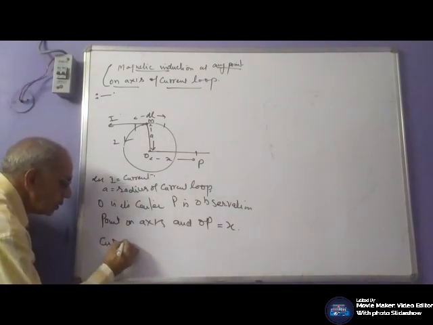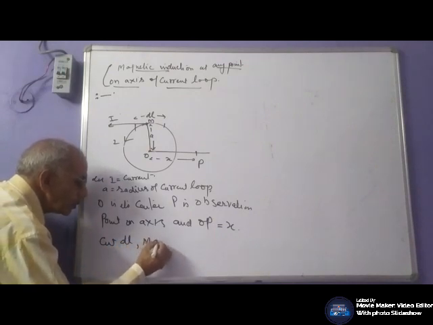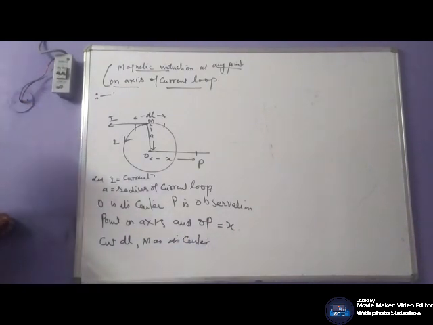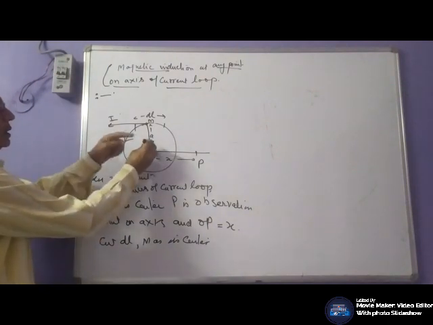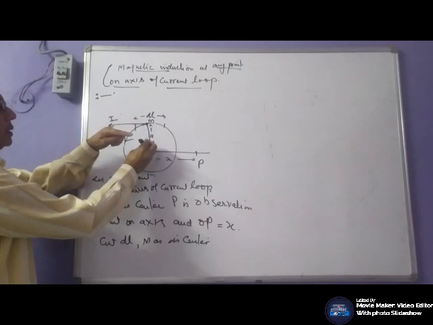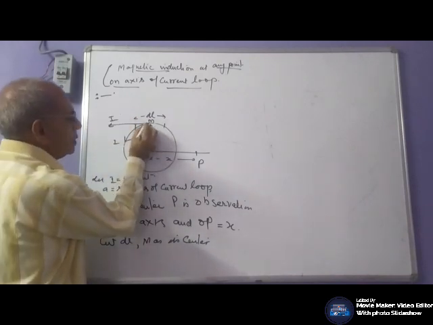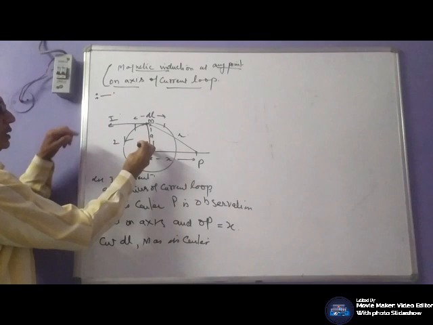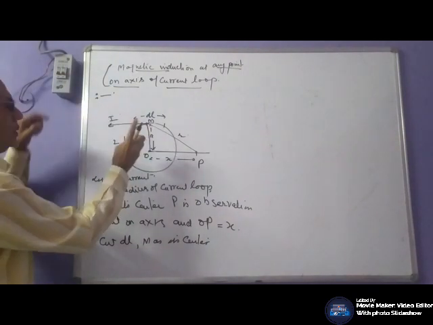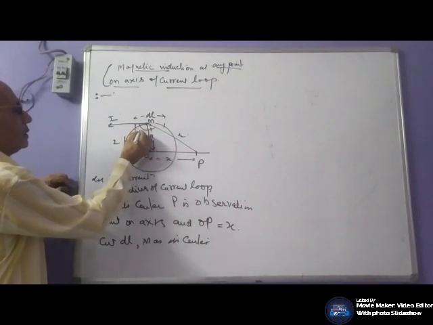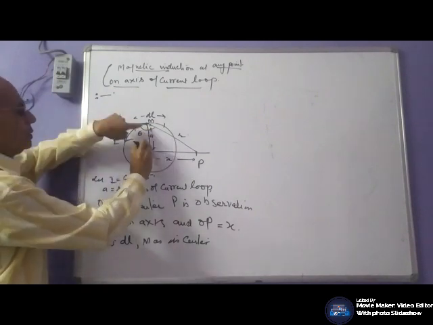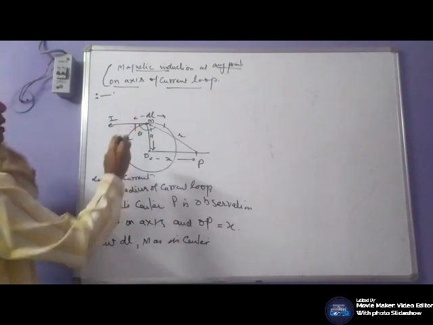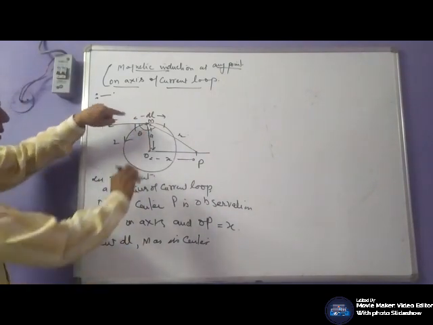Cut dl with M as its center. Join M to P, and say the distance is r. Then this angle is theta. This is 90, because the current element is perpendicular to MP.